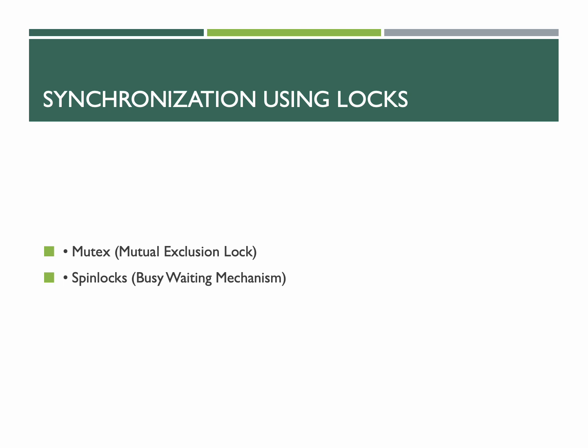Second is spin locks, a busy waiting mechanism. A spin lock is a type of lock where a process keeps checking, or spinning, in a loop until the lock becomes available. Now, a process continuously checks the lock variable until it's free.